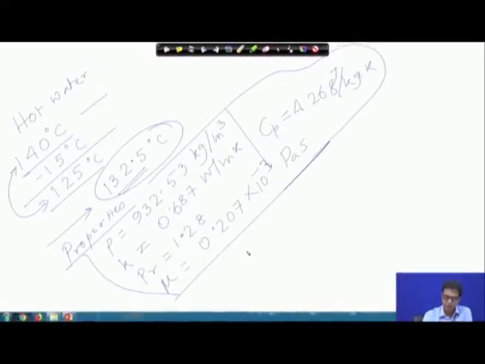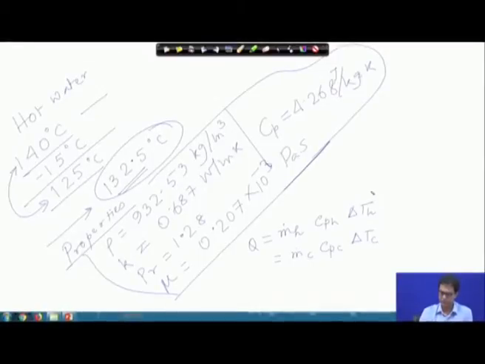So let us calculate it, and this can be done by mH Cph delta TH equals mc dot Cpc into delta Tc.